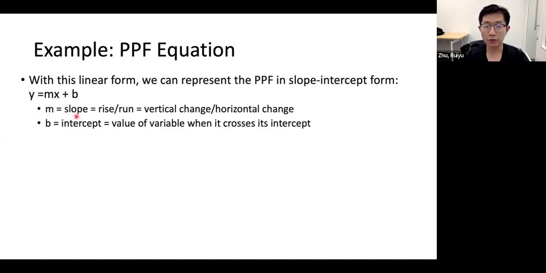It's calculated by the rise over the run, or the change in the vertical axis over the change in the horizontal axis. That's the slope. And b is the intercept, which is the value of y when x equals 0.